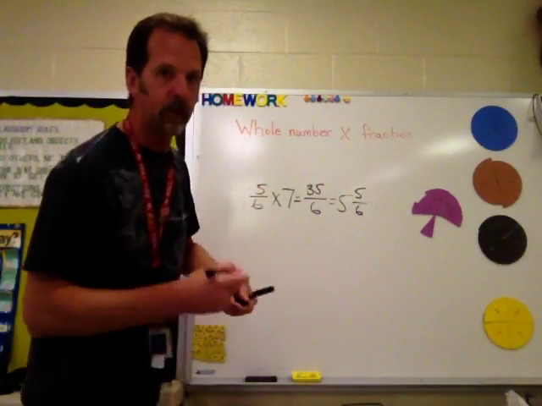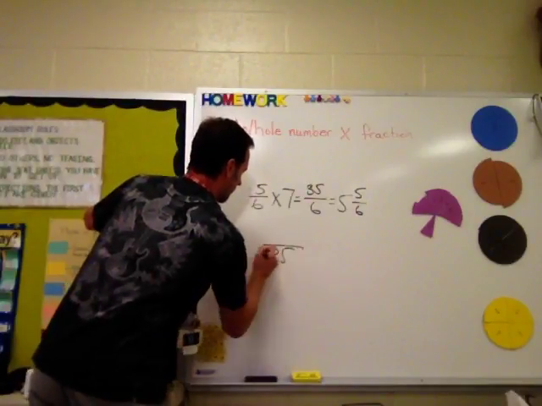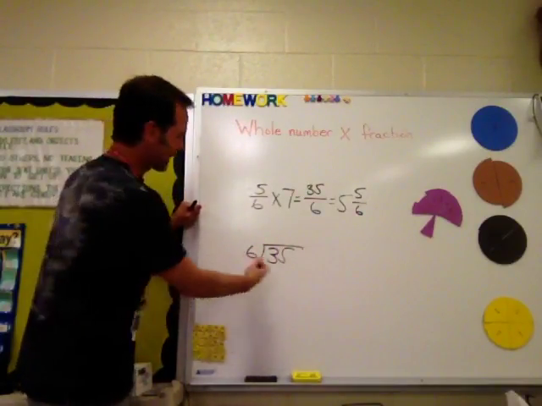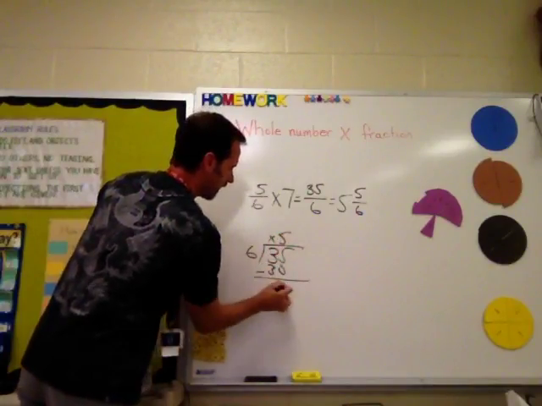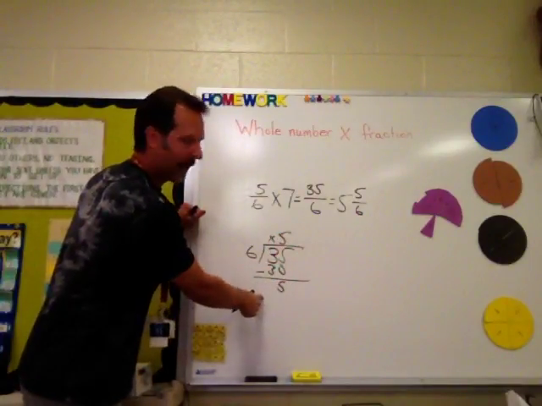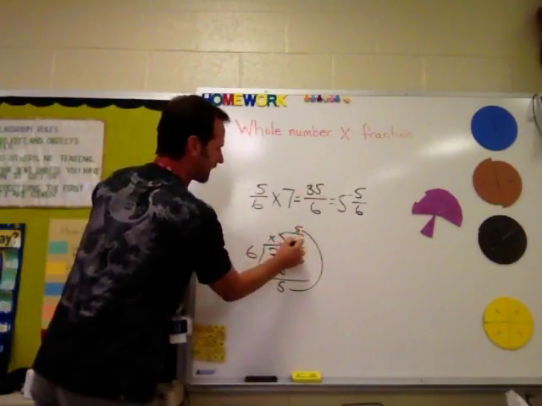Now, if we needed to do the division, remember how it works? 35 divided by 6, 6 from 35, 5 times, we get 30. When we subtract, we get the 5 here. This becomes my numerator, and this stays as my denominator, and that's how we get the 5 and 5/6.